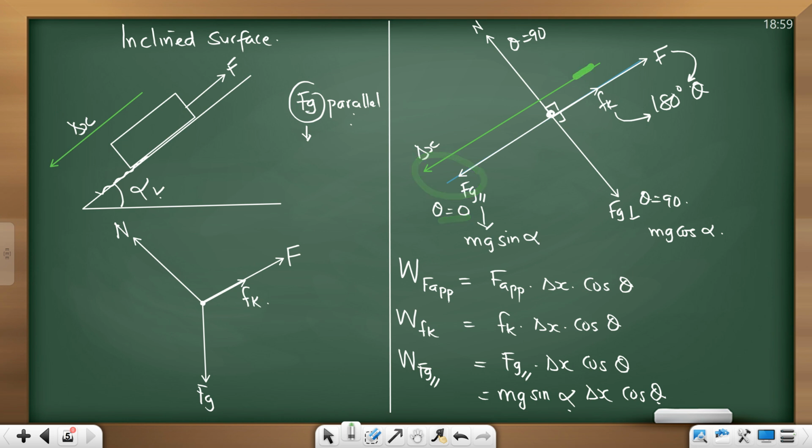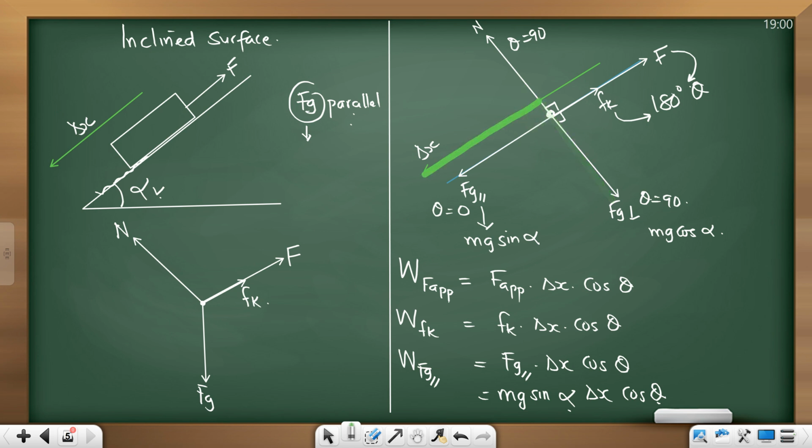If the object is moving this way, but my force is going that way, what's the angle? 180, angles on a straight line. And with this one, check the normal force and my displacement. What is the angle there? 90. Look at Fg perpendicular to the displacement. What is the angle? 90.